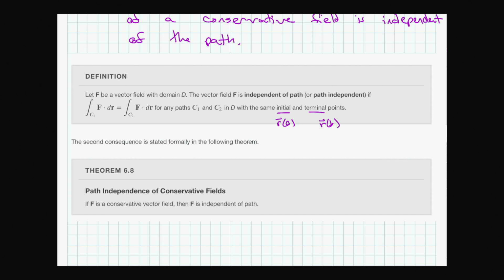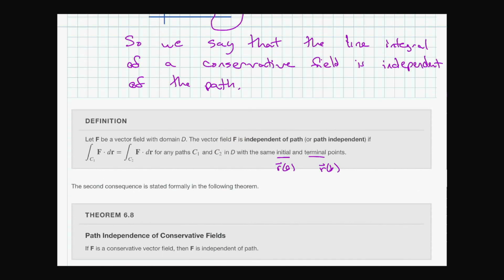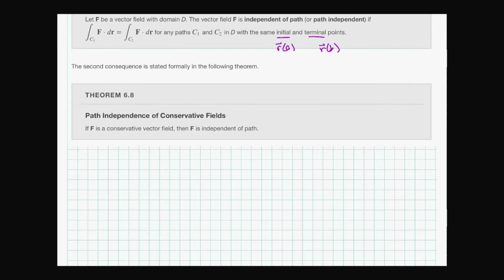I wouldn't really say that the vector field is independent of the path. That's a weird way to word it. I would say that the line integral is independent of the path. They're using a weird way to state that, but the idea is that we already said it several times, right? The curve doesn't matter, only the starting and ending point. Okay.